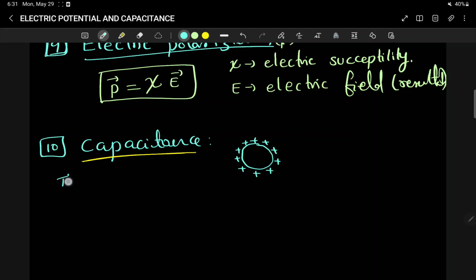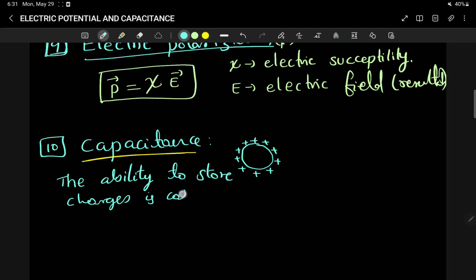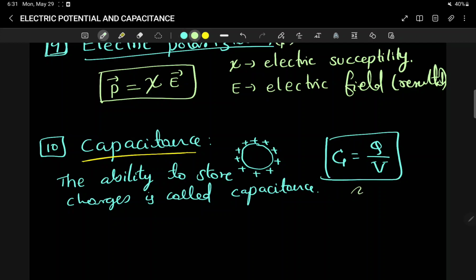The ability to store charges is called capacitance. So mathematically it is given by C is equal to Q by V. Okay, so for remembering this in an easy way, we usually write like this: Q is equal to CV. Okay, then C is equal to Q by V will come.